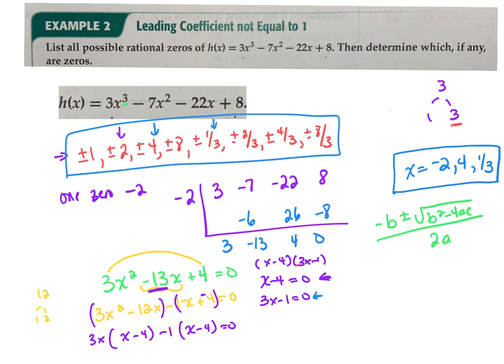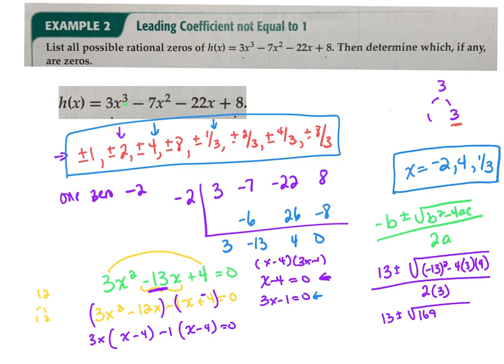Negative b, that's this 13, so negative negative 13, that's 13, plus or minus the square root of b squared minus 4 times a times c, all over 2 times a. And you're going to get 13 plus or minus the square root of 13 squared, which is 169, minus 16 times 3, which is 48, over 6.